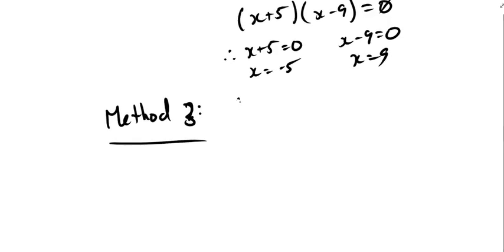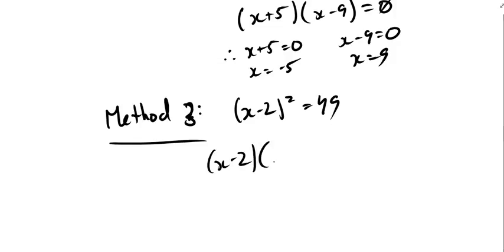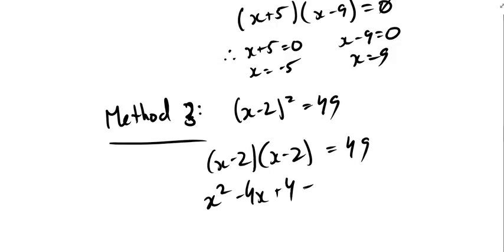So method 3, x minus 2 squared equals 49. I'm going to expand and simplify. This is x squared minus 4x plus 4 minus 49 equals 0. Expand, simplify, move everything to the left.